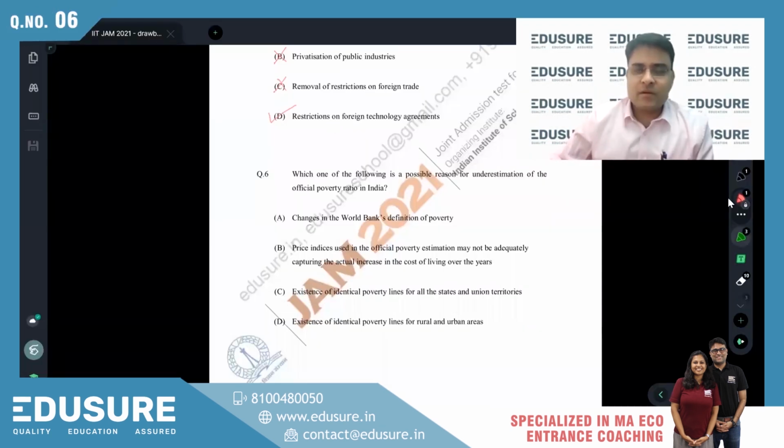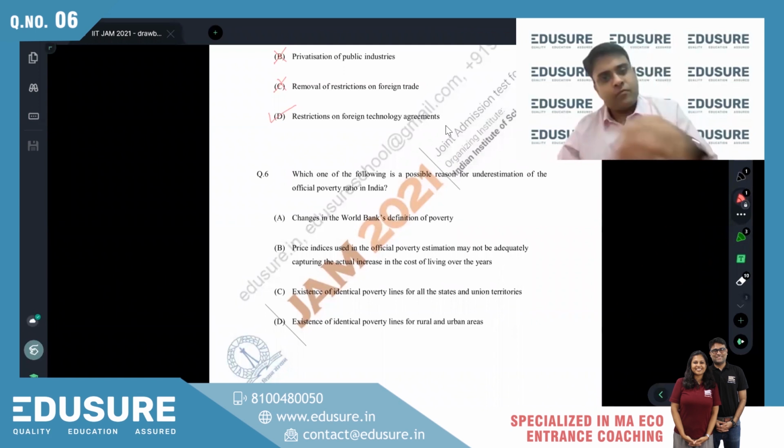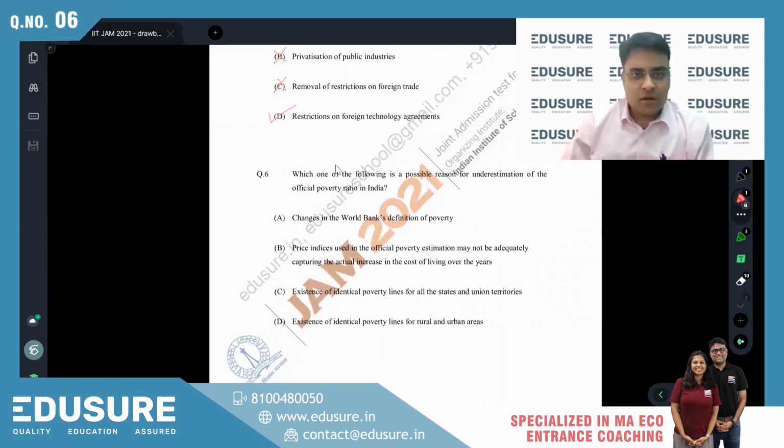IIT JAM 2021. Question number 6. Which one of the following is a possible reason for underestimation of the official poverty ratio in India? Changes in the World Bank's definition of poverty? No, this is definitely not the reason. Existence of identical poverty lines for all the states and union territories?